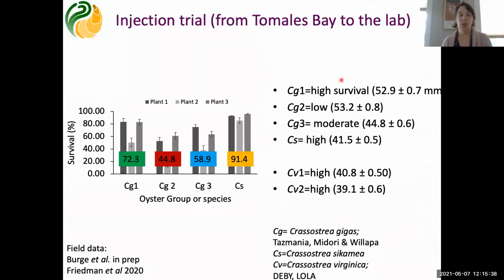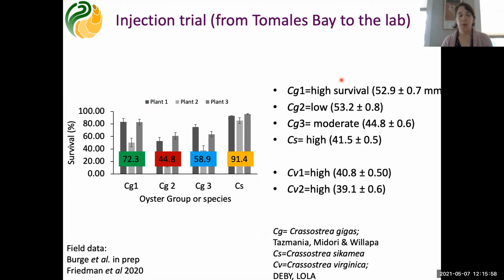So as I mentioned, we did some laboratory trials to look at the potential resistance of existing stocks that were used in the US. And first of all, we had done a field experiment, which I don't have time to talk about very much.